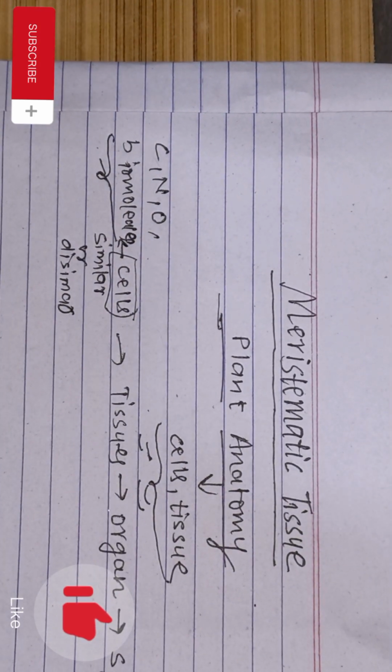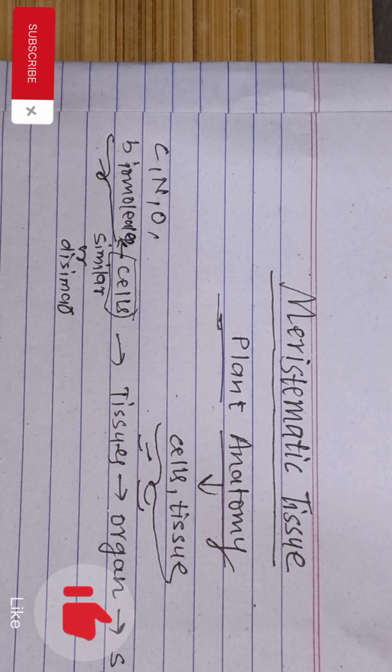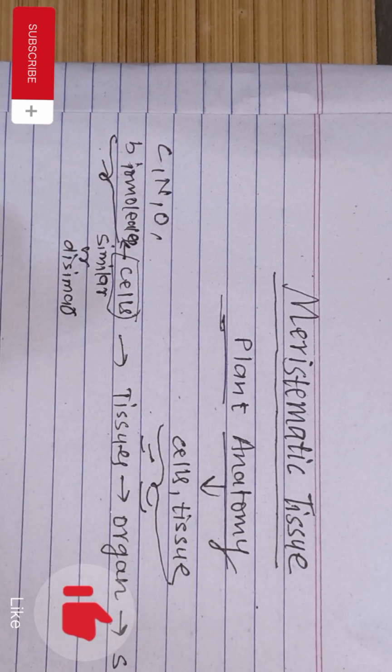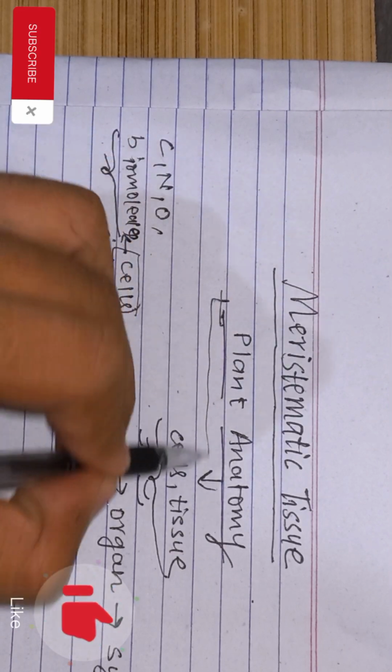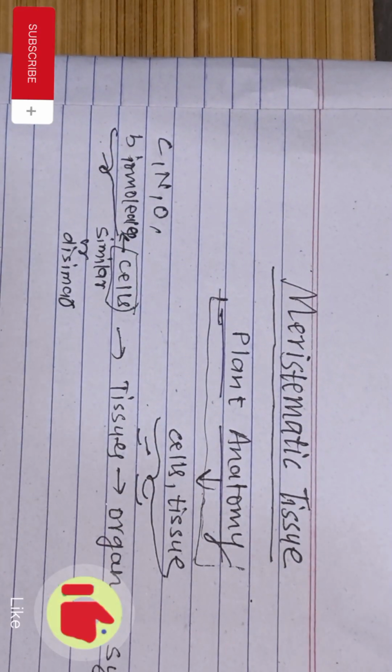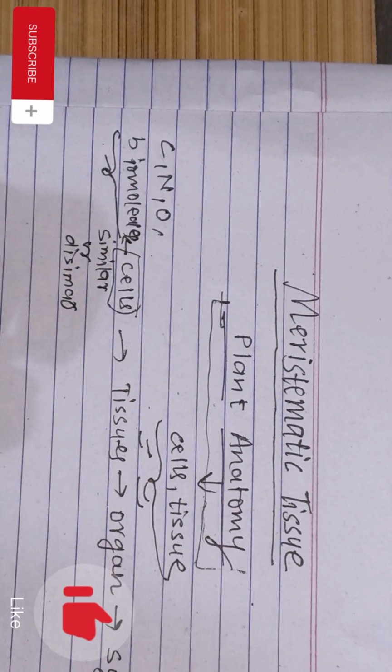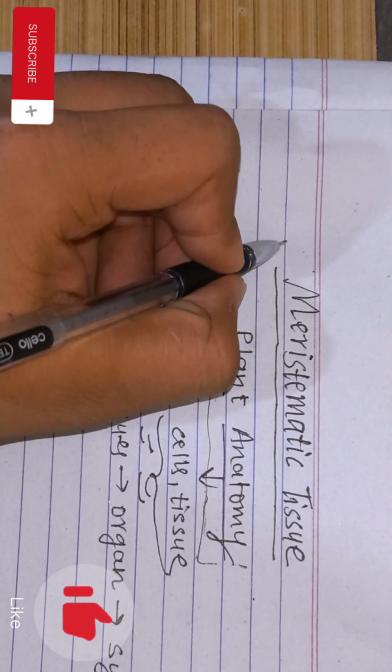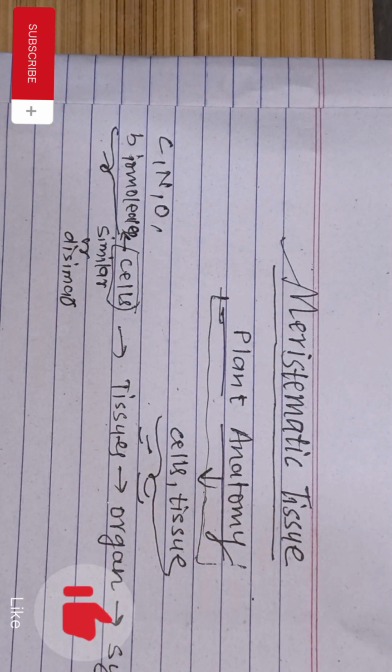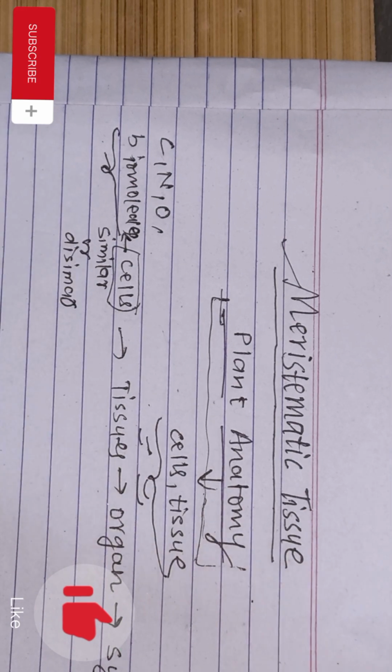And this is the total formation from the simpler or monomer form to the body, that is the complex form. In plant anatomy, we are going to discuss two types of tissue: one is meristematic tissue and the other is permanent tissue.